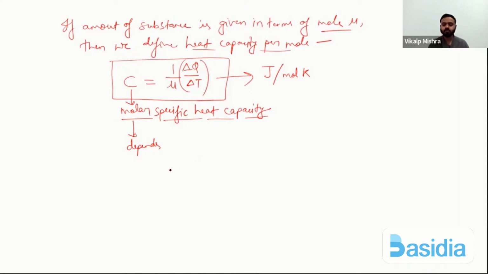So molar specific heat capacity is dependent on what? It depends on the nature of substance. For oxygen gas its value will be different, for nitrogen it will be different. For different gases the value of molar specific heat capacity will be different.